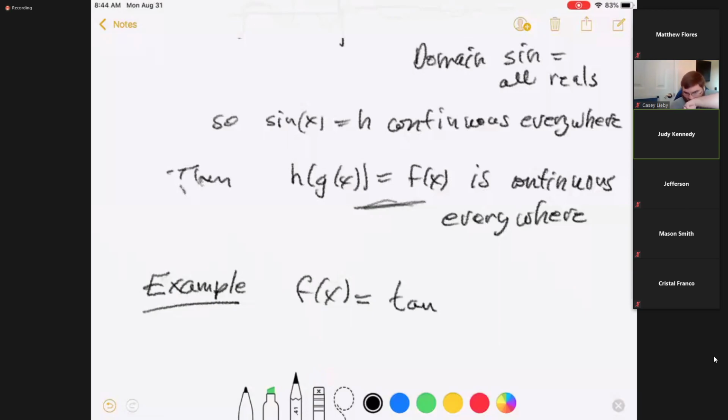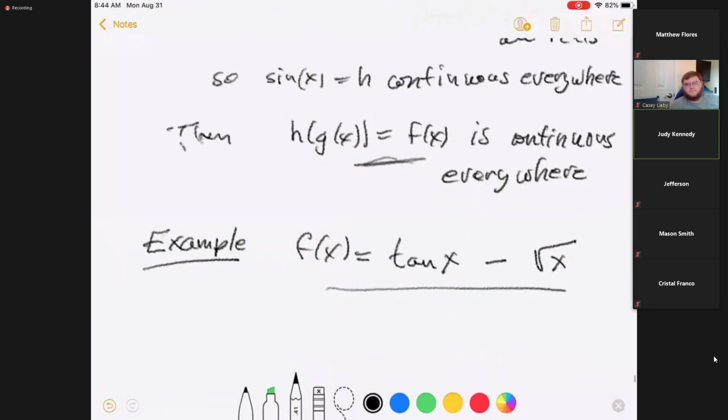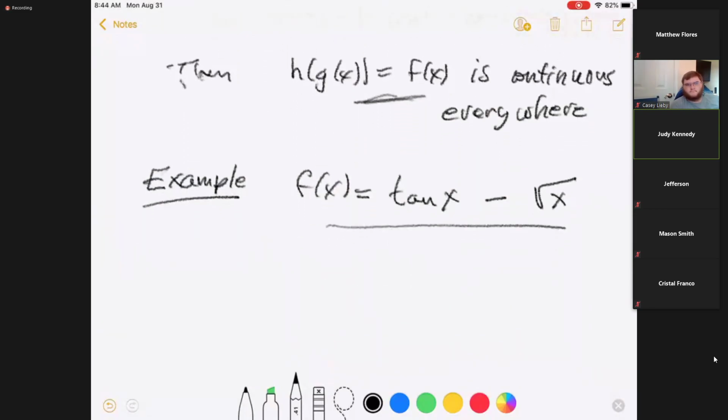The tangent of x minus the square root of x. So that's the difference of two functions. And we want to know where this function is continuous.